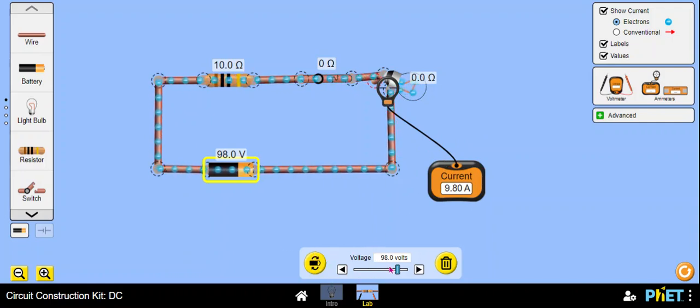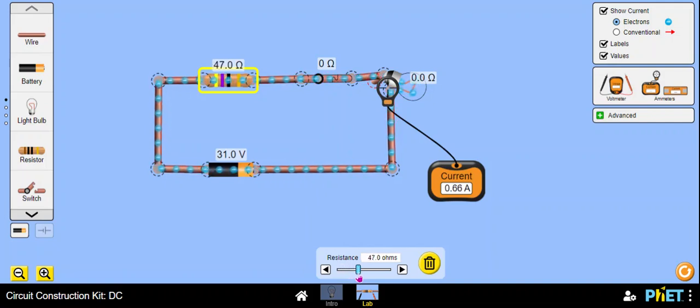Alright, so the next, let me move this down. The next, I'm going to keep the voltage stationary, then I'm going to vary the resistance. Right now, the current in the circuit is 3.1 amperes. Now we're going to vary the resistor. The resistor currently is 10 ohms. So we're going to increase that and see the effect it has on the current in the circuit.